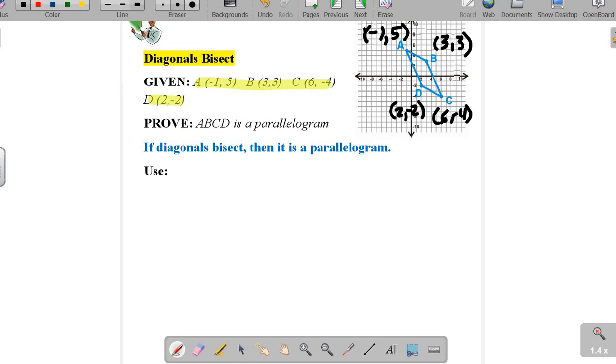We're again going to prove it's a parallelogram, but this time we're going to prove it by showing that the diagonals bisect.